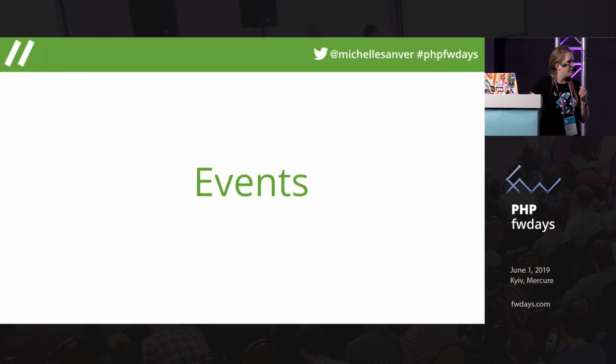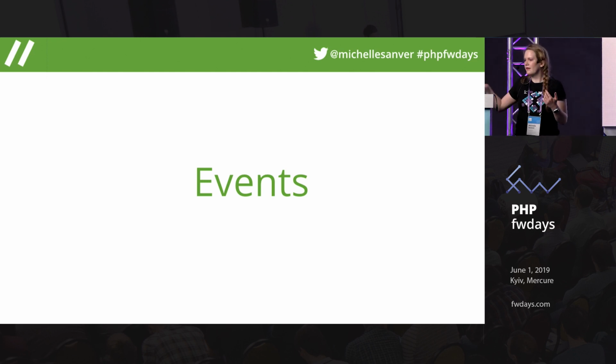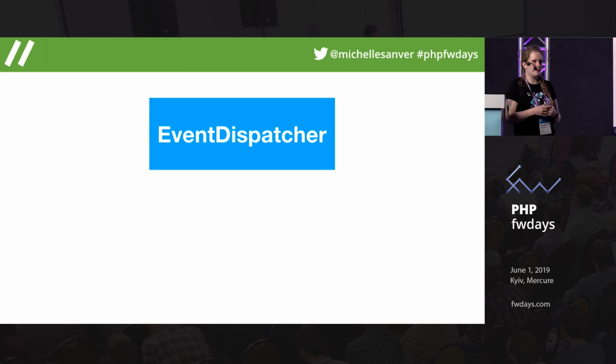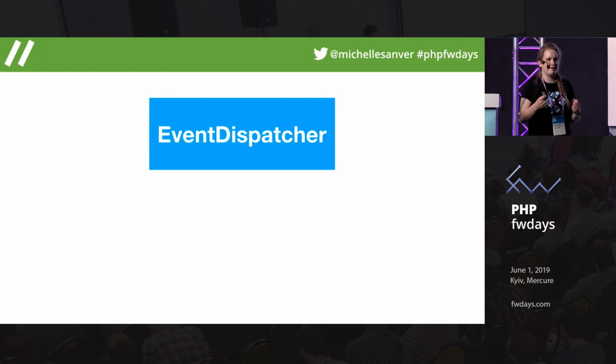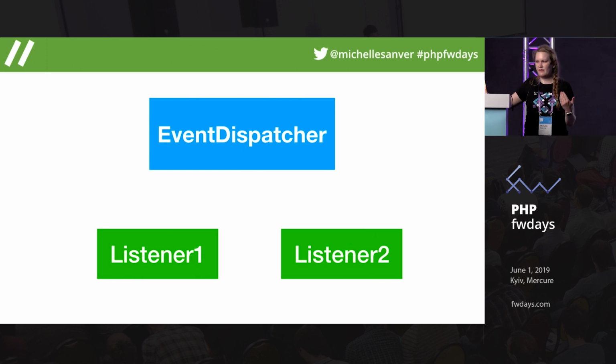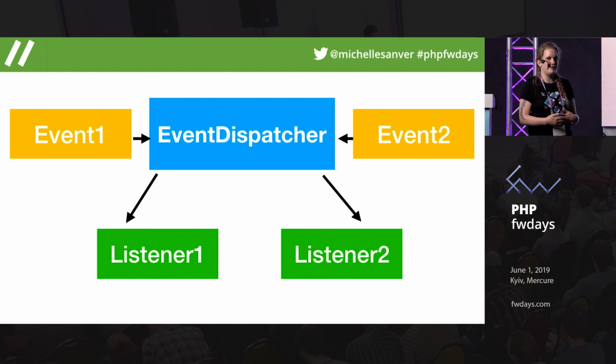Right. So before we continue with the demo, let's quickly look at events. So in Symfony and in most software projects where we have events, we have an event dispatcher. That's a central object. And we have listeners who want to listen to events, listener 1 and listener 2, and they connect to the event dispatcher. And then there come events. And in the listeners, we have defined which events we are listening to.